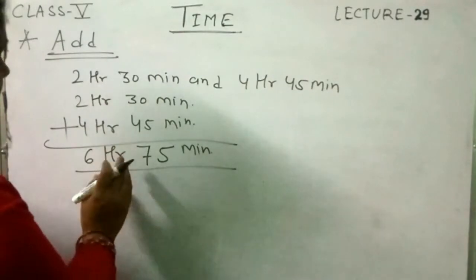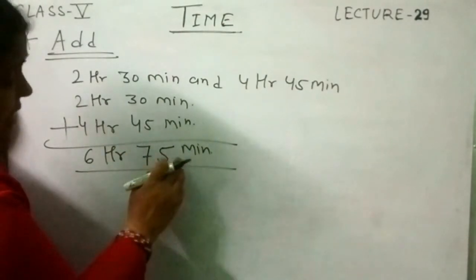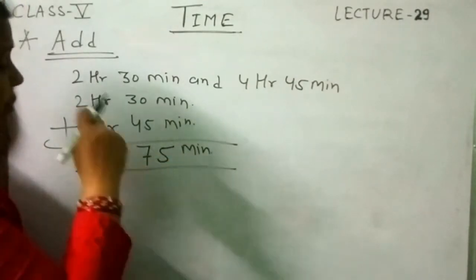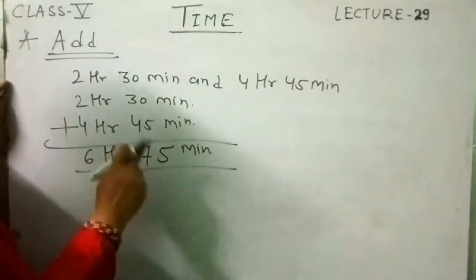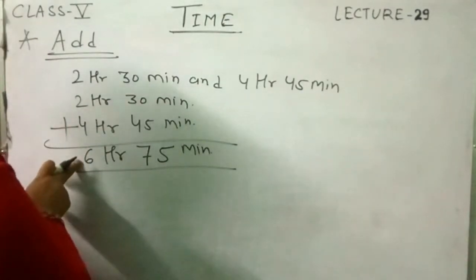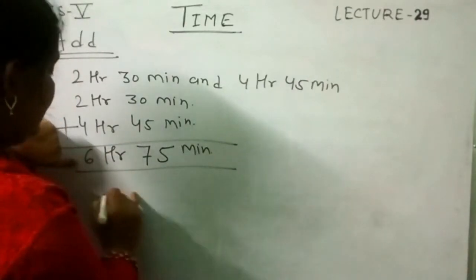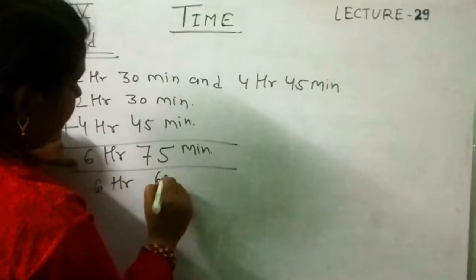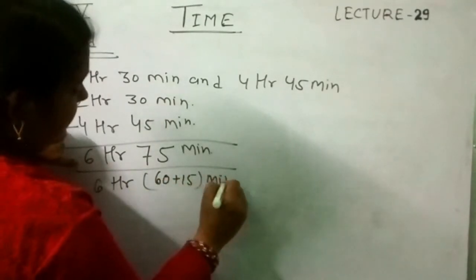Here two terms are given, hour and minute. Both are given here. See here, if minute is equal to 60 or more than 60, then what you have to do? You have to give the 1 hour to the hour number. Here 75 minutes, can you write here 6 hour? And this one is 60 plus 15. Yes or no? Minute.